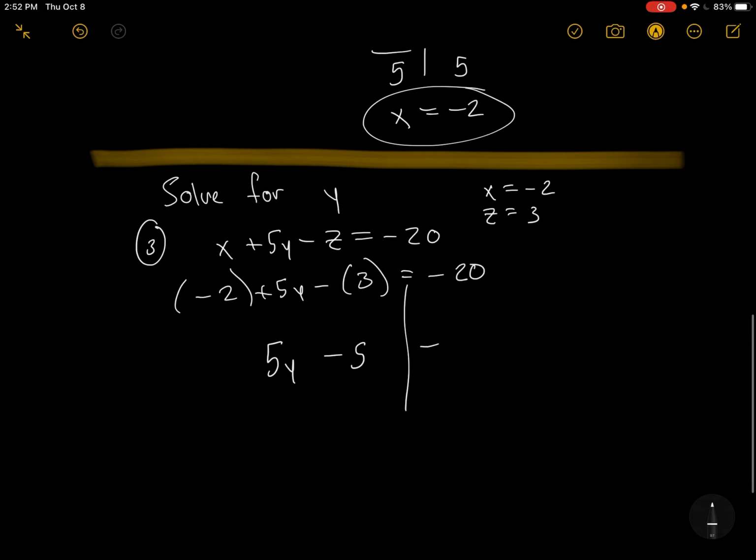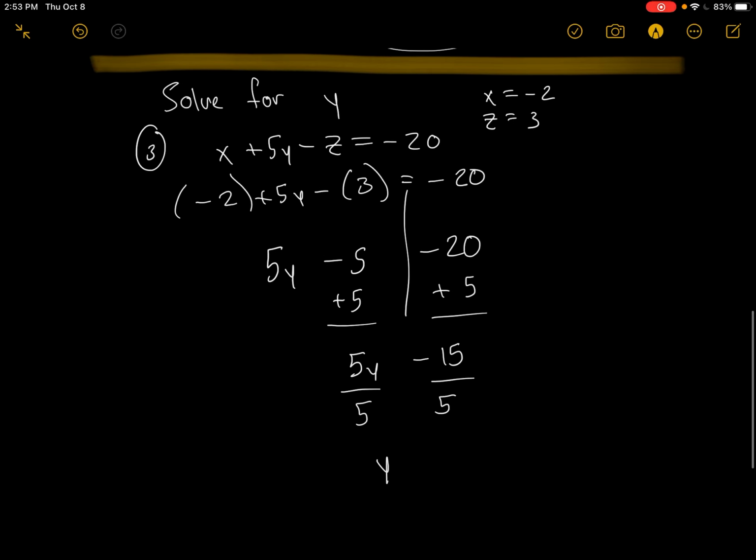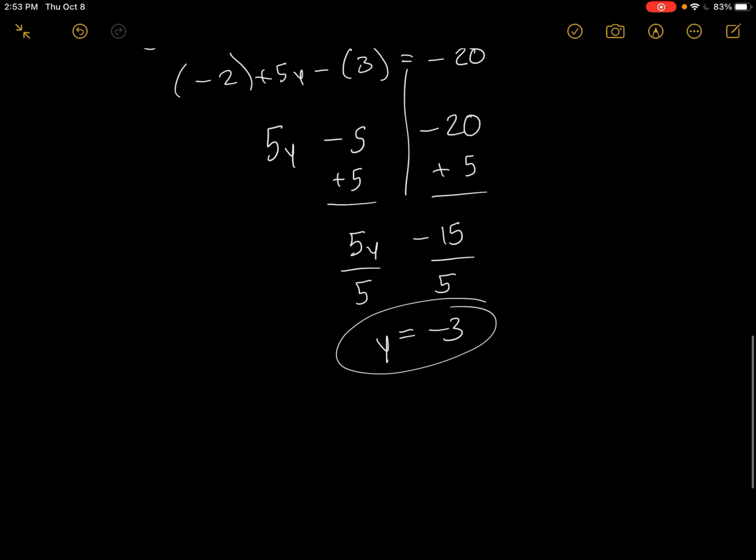So 5y minus 5 equals negative 20. Add 5 to both sides, and we'll get 5y equals negative 15. Divide both sides by 5, and we'll get y equals negative 3. So our full solution here we have as x equals negative 2, y equals negative 3, and z equals 3.